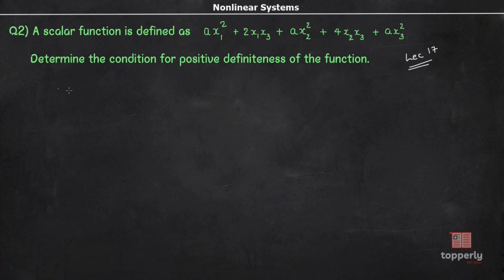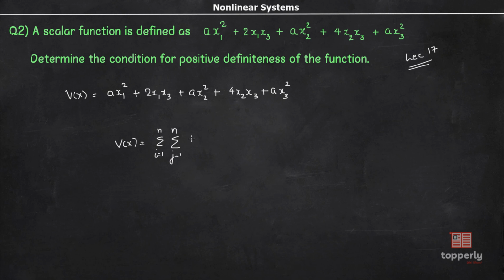Here the function is given as V of x equal to a x1 square plus 2 x1 x3 plus a x2 square plus 4 x2 x3 plus a x3 square. Also you can notice that this is a quadratic function of the form V of x equal to sigma i equal to 1 to n, sigma j equal to 1 to n, kij into xi xj, where kij's are real constants.